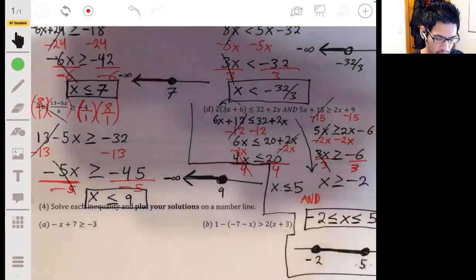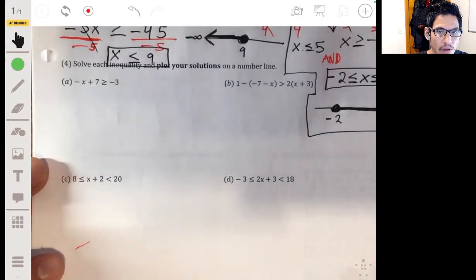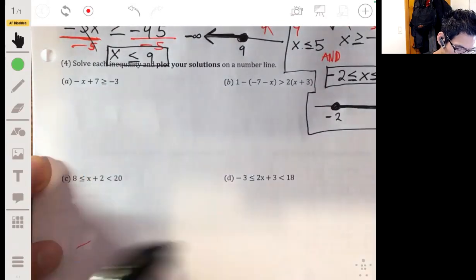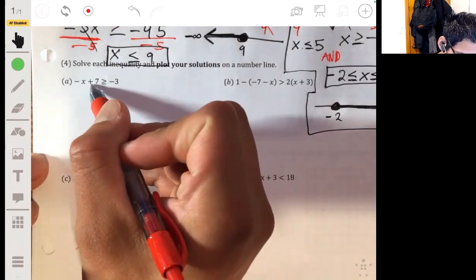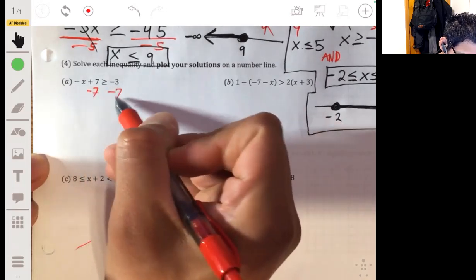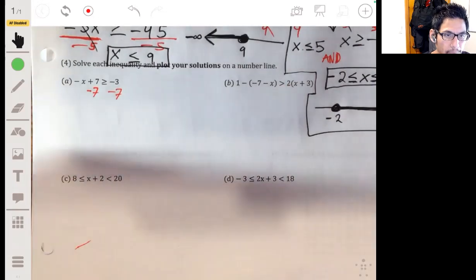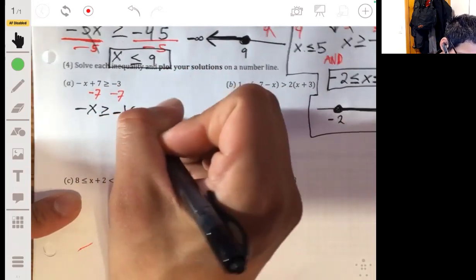All right, a couple more. All right, these ones are actually easier. Let's take away 7 first from both sides. We'll get negative x is greater than or equal to negative 10.